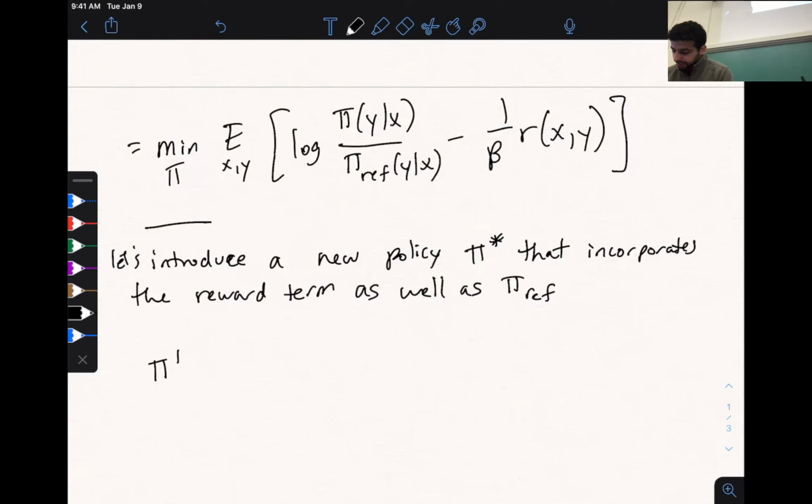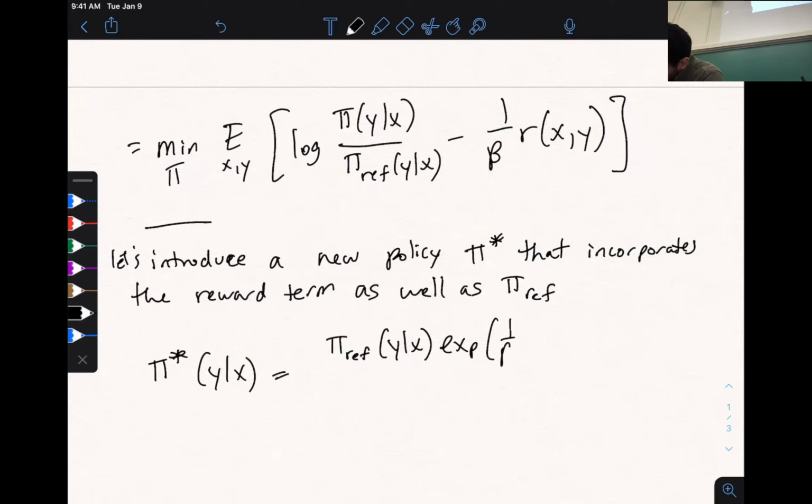So pi star is going to just equal pi ref y given x times this reward term here over, and in order to make this a valid distribution, we need to have some normalizer, right? We've seen this in the softmax. So we need to sum over all possible outputs y in order to make this a valid distribution.